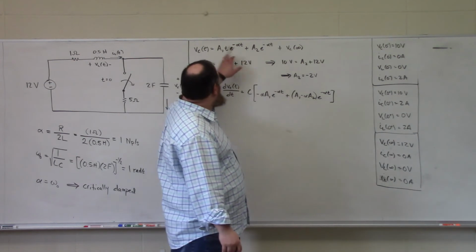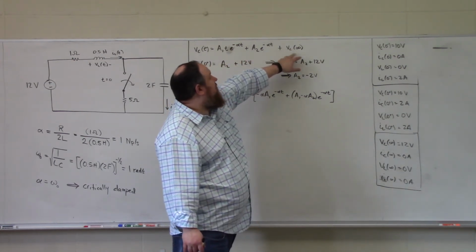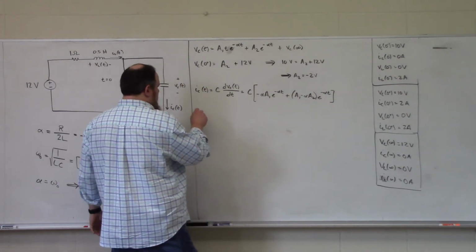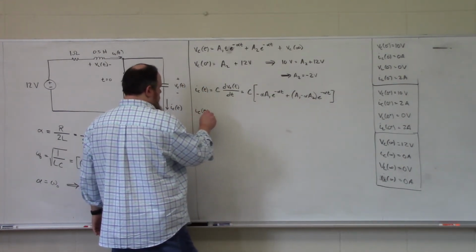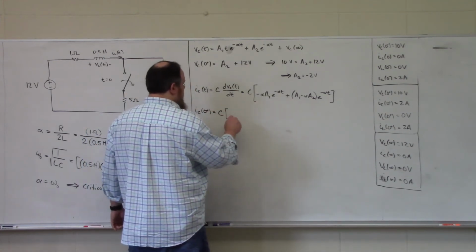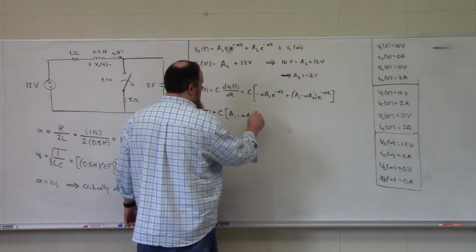We're taking the derivative of this guy, so we don't have any at infinity term because the derivative of this constant term is 0. So at t is equal to 0 plus, we see that this simplifies to C multiplied by A1 minus alpha A2.